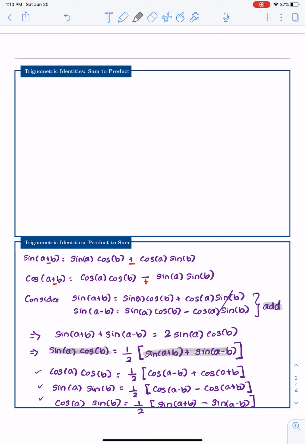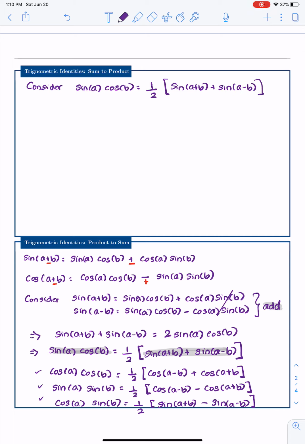So to do that, I'm going to consider sine A cosine B, which should be 1/2 sine A plus B plus sine A minus B.